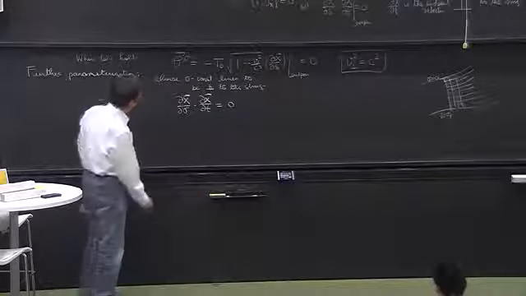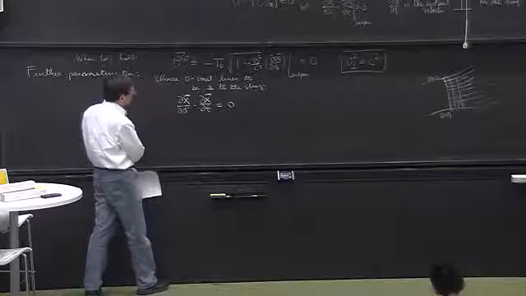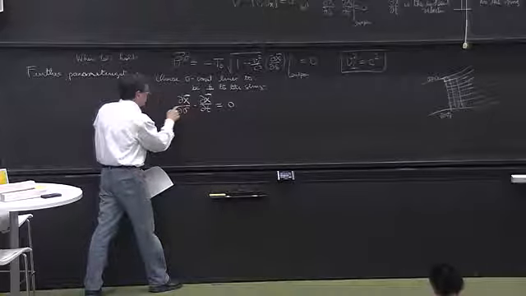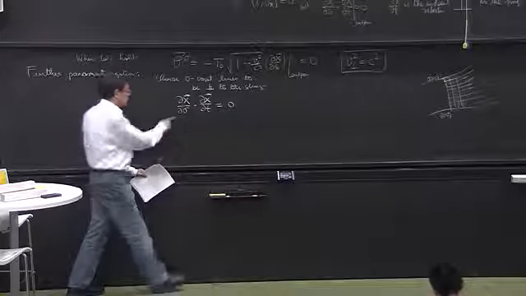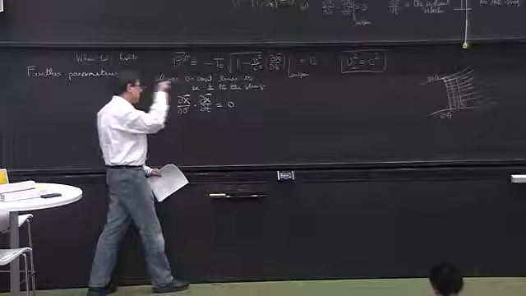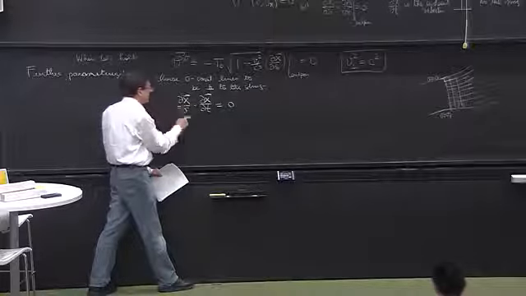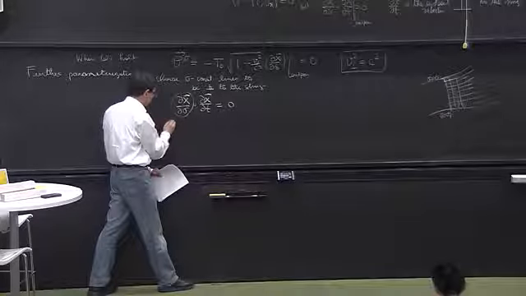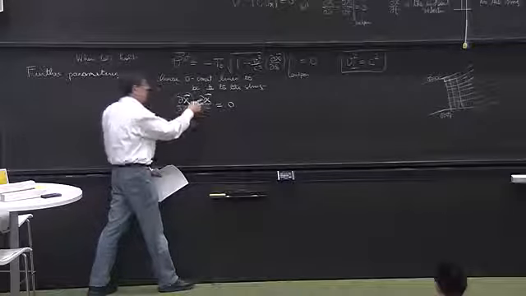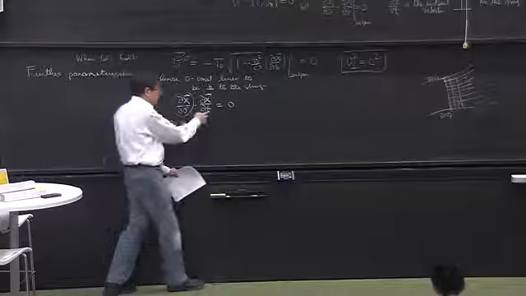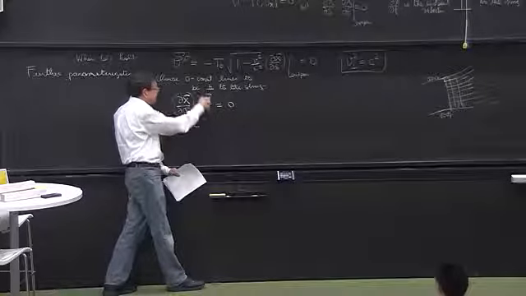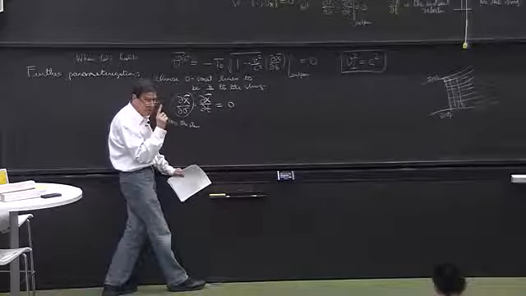Let me clarify that. The dx d sigma is a vector along a string because you're changing sigma. Remember, constant t, now those are our strings. So if you move along sigma, this is a vector along the string. Now the dx dt, if you keep t constant, if you vary t, the dx dt, you're supposed to keep sigma constant.